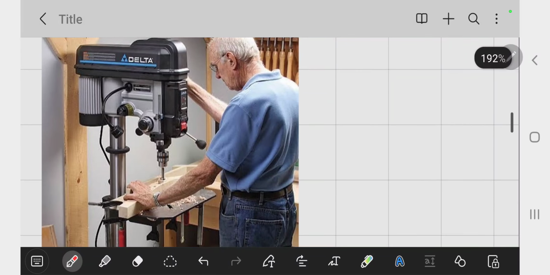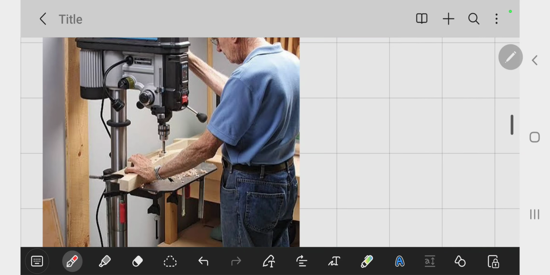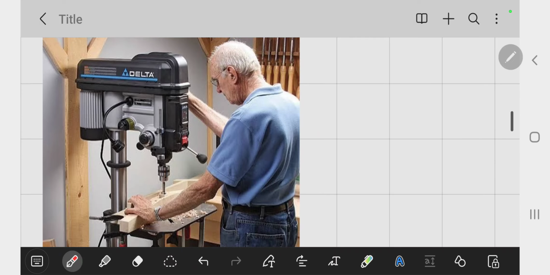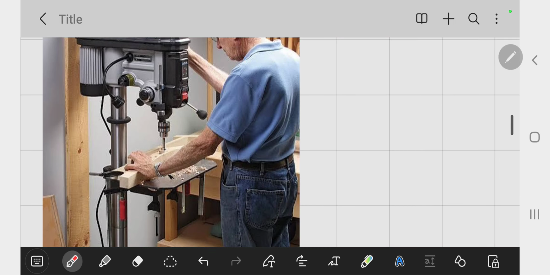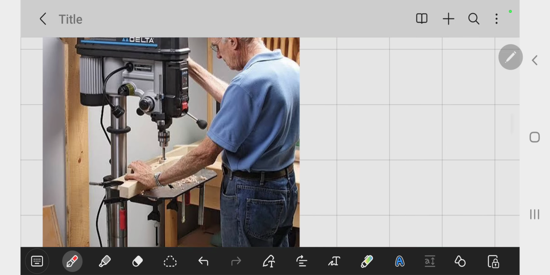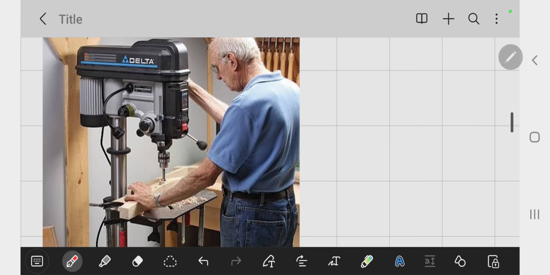So this is a drill press, this one here. As you can see, this specifically is used in the wood workshop, but this is a basic example of how a drill press looks. Yeah, so it's used in drilling mainly.